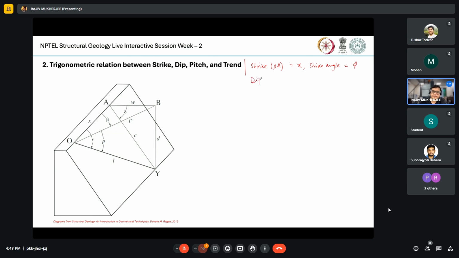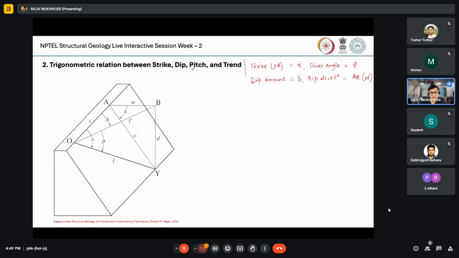Dip amount is delta. Dip direction is AB and the length is W. Okay, we have strike, we have dip direction.